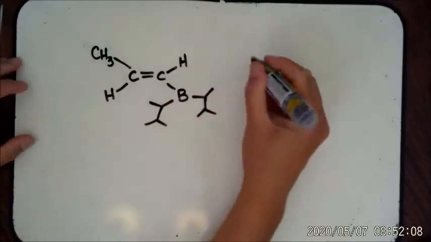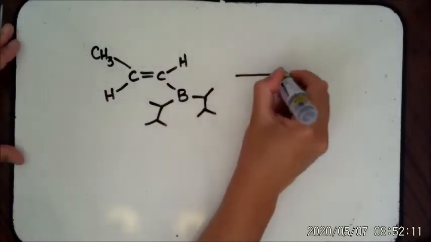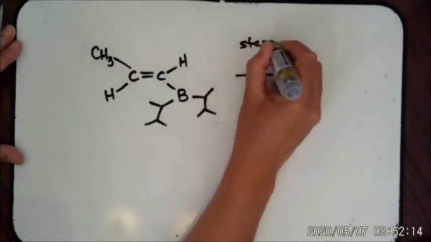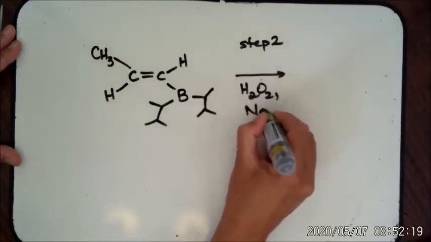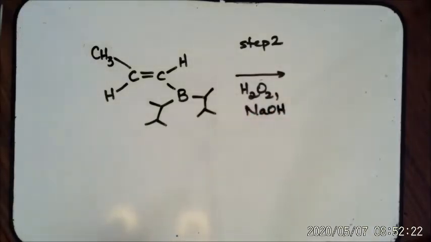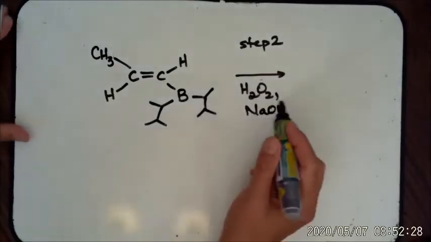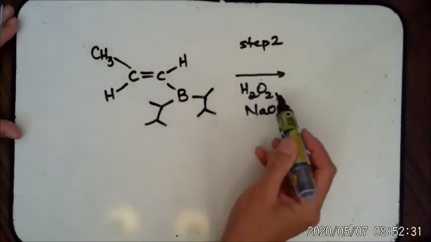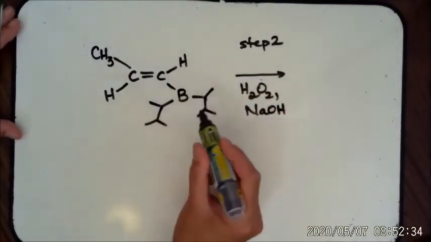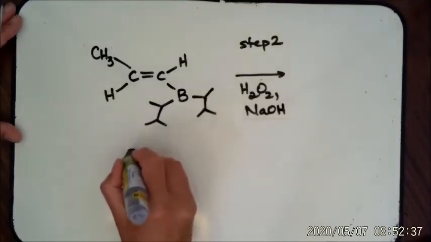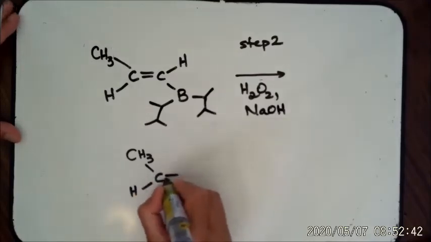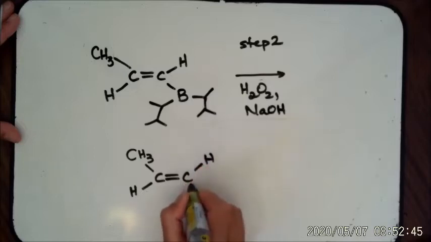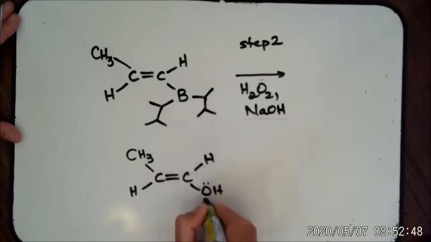And with this alkene, for my second step, just like before, you have your hydrogen peroxide and your sodium hydroxide. Just as we've done with alkenes, you form your peroxide ion here, it attacks your boron, you get a rearrangement. What you're going to get is an enol.